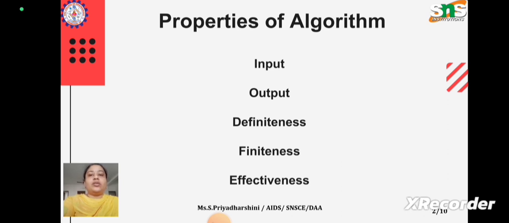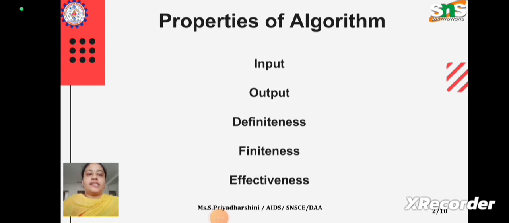In this algorithm there is no input. Our target is only to display the output. So that's why without input also we can write the algorithm. So 0 or more inputs we have to supply. If you want to add 2 numbers, then 2 inputs are needed. If you want to add 100 numbers, then 100 inputs are needed.